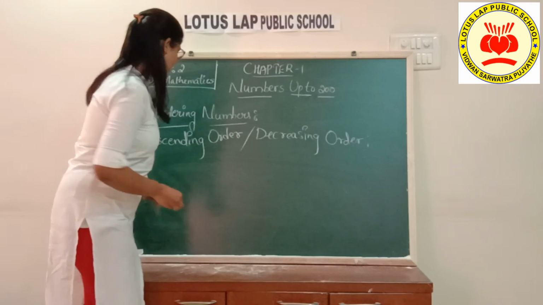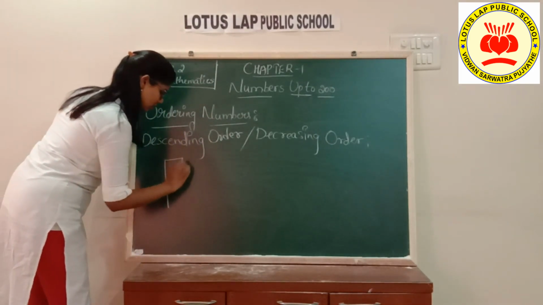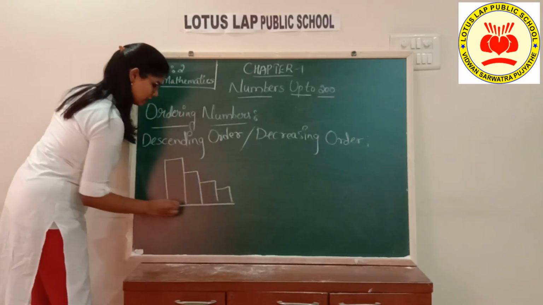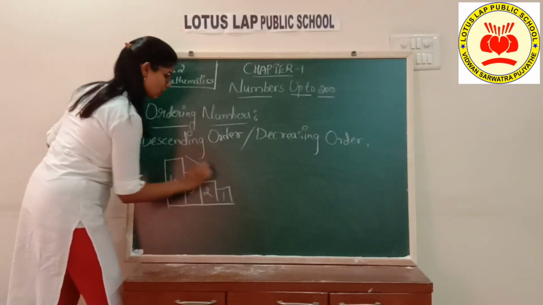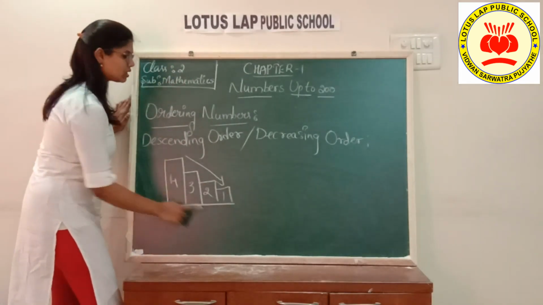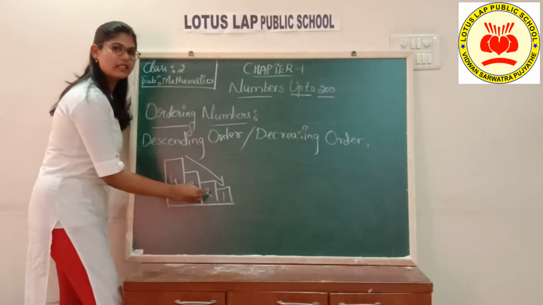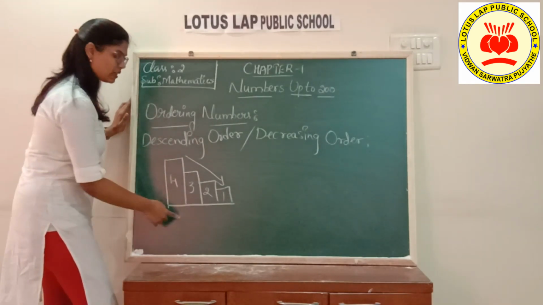Okay. Now here see the same example. The height of the step is decreasing from top to bottom. This is decreasing order. 4 is greater than 3, 3 is greater than 2, 2 is greater than 1. What is happening here?